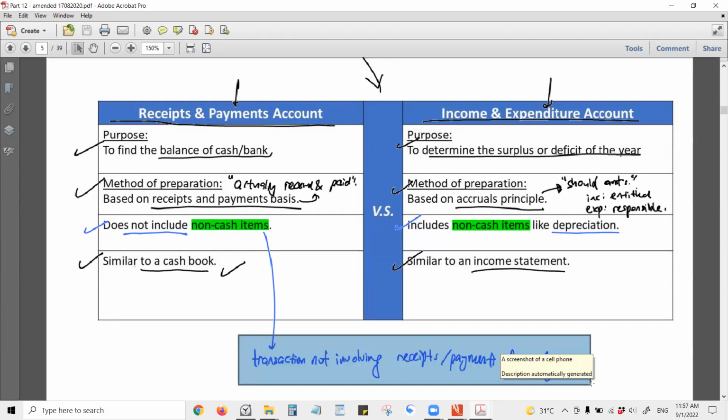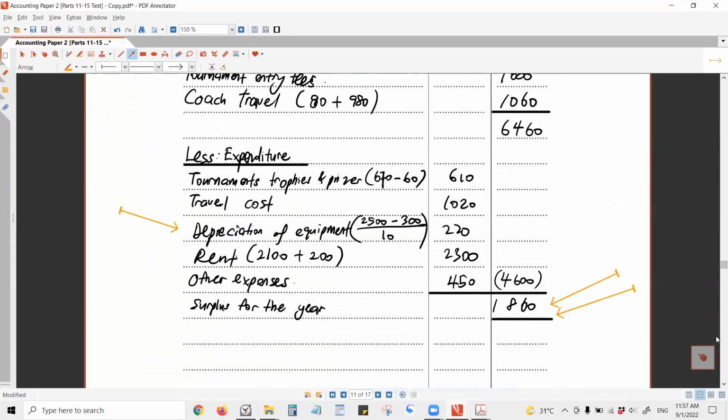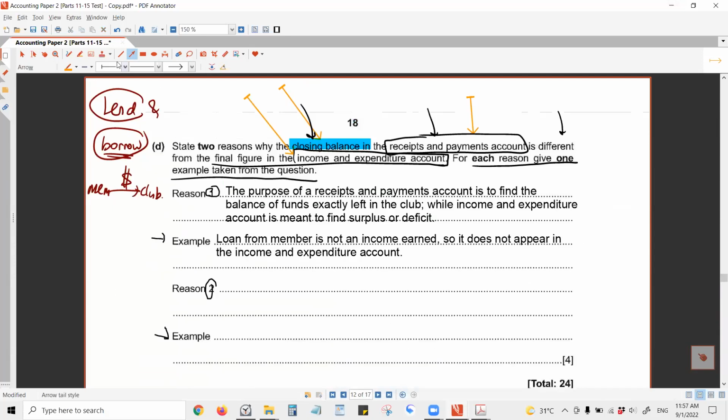So let's write the answer for this. You write with me as correction. Of course, if you want me to see how you have written the answers for this part, whether your answer is correct or not, you can WhatsApp me after the lesson.